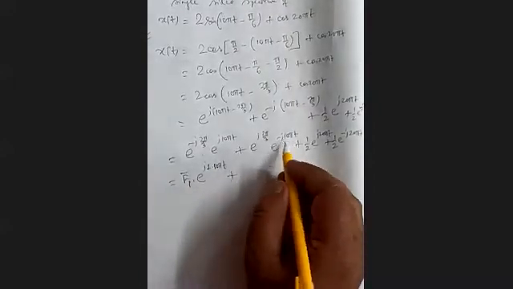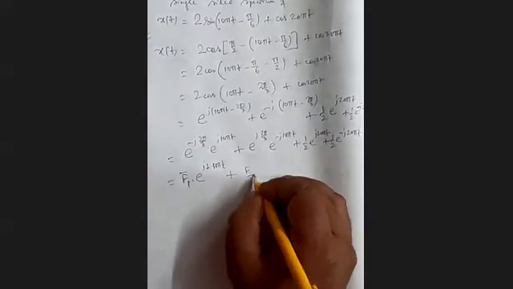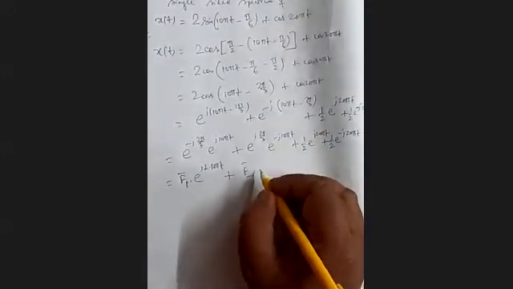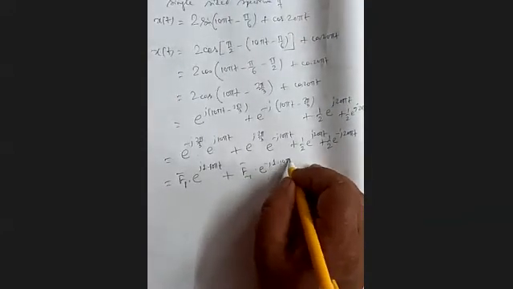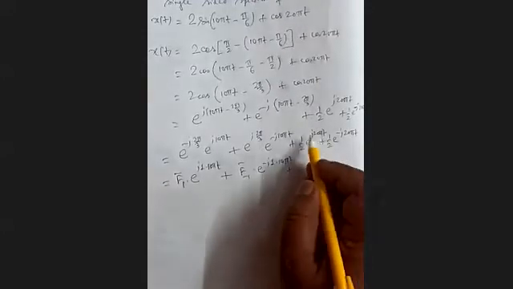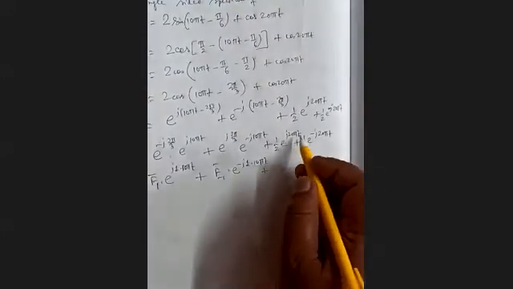This is n equal to minus 1, so F minus 1 bar into e to the power minus j 1 into 10 pi t, plus it is a double frequency, n equal to 2, the second harmonic.